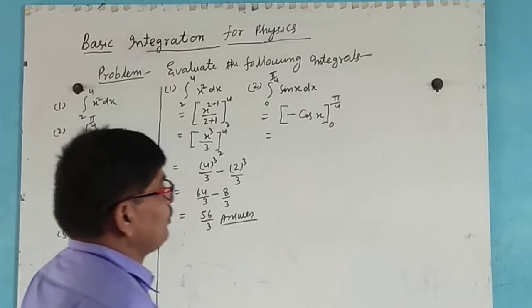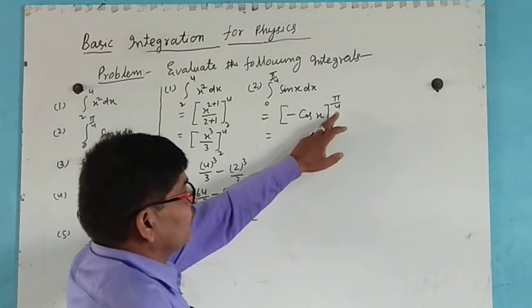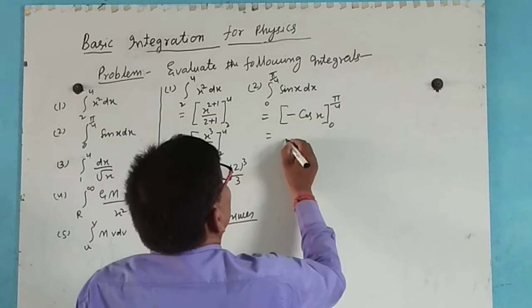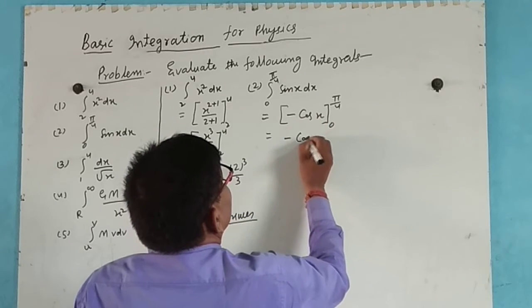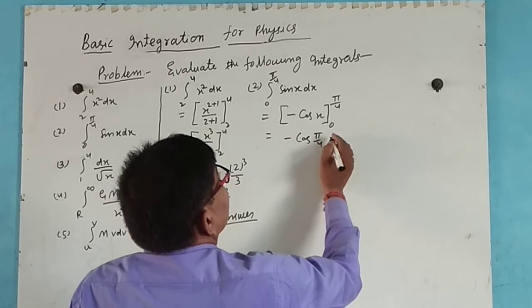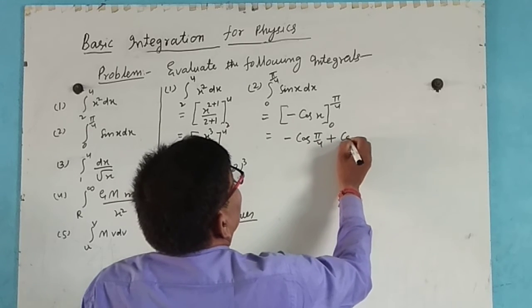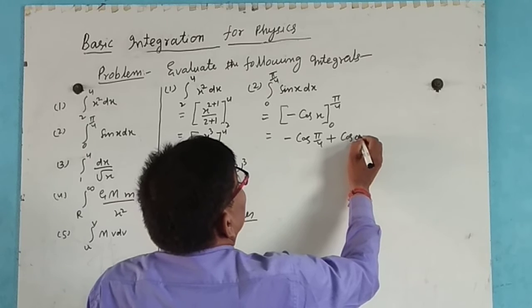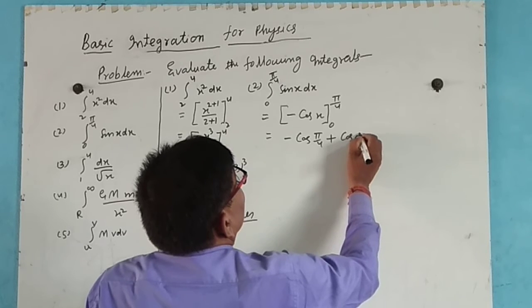First of all, we put the value of the upper limit, minus cos pi by 4, and minus minus becomes positive, cos 0 degree.